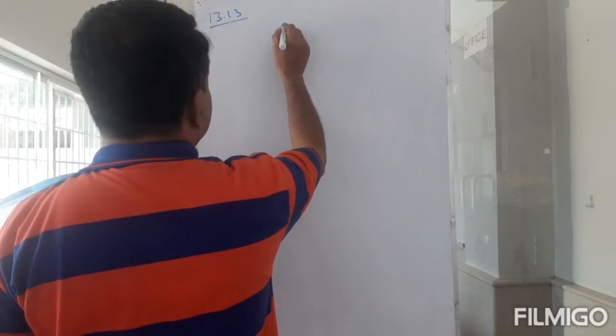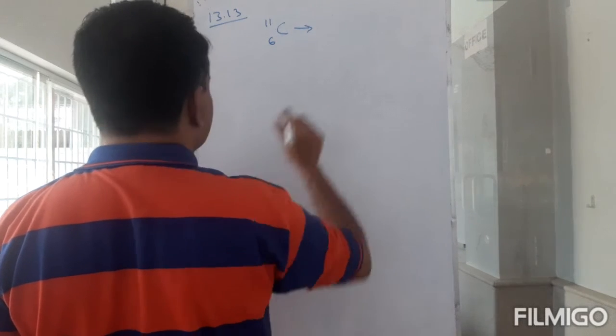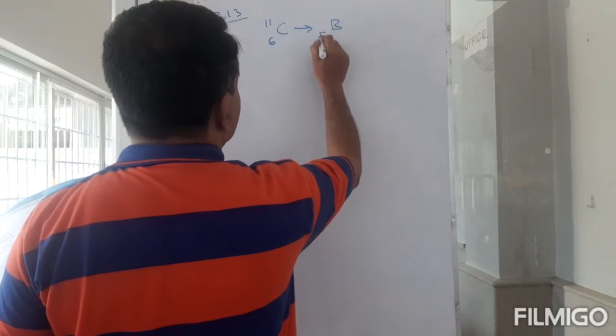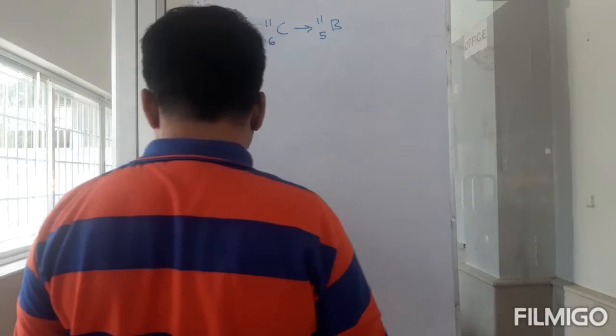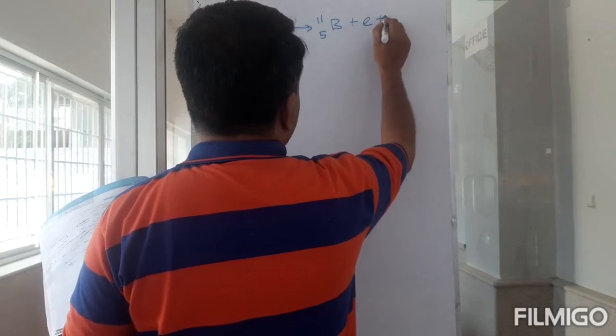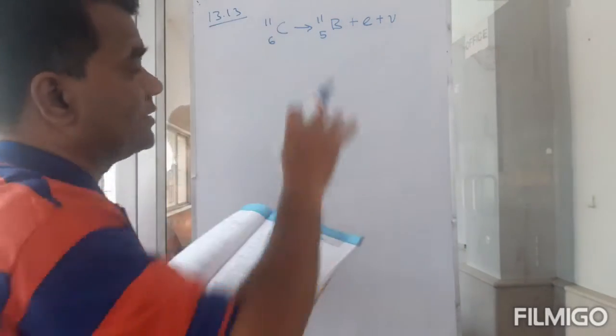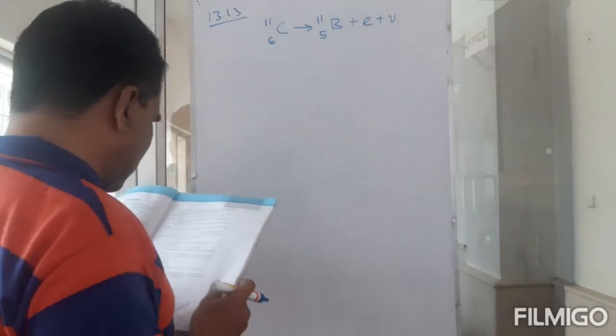So you have carbon 11, Z equals 6, that decays into boron, Z equals 5, mass number 11, by emitting a positron. Obviously a positron will always be accompanied by a neutrino. So this is the reaction. The given values are these.